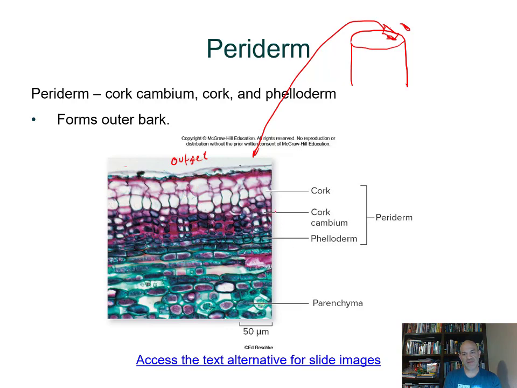Here's your cork cambium cells right there. When those cells divide, the ones that come outward form these box-like cork cells. Those that move inward form this parenchyma here called the phelloderm. And all of this together, both the phelloderm and the cork, is called the periderm, which is what replaces the epidermis.